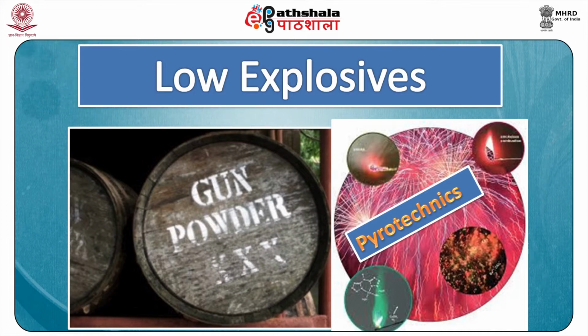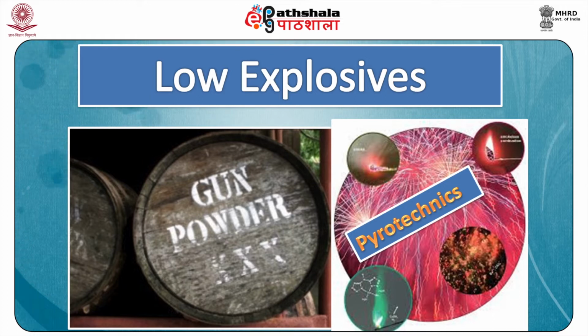Low explosives liberate an enormous quantity of gases that generate sufficient pressure to force a projectile in a specific direction upon ignition and decomposition. The proportion of burning of the explosive depends on combustion gas pressure, grain size and form, and composition.